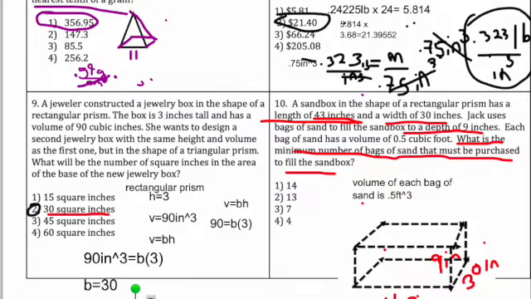Okay, now we need to convert this number to cubic feet. This is cubic inches right now. I'm going to do that by multiplying it. I'm going to move everything over. I don't like it all the way.